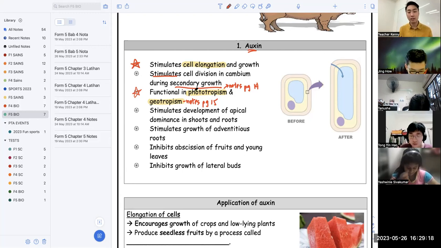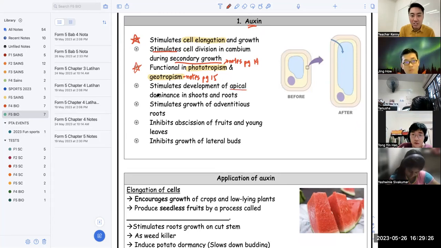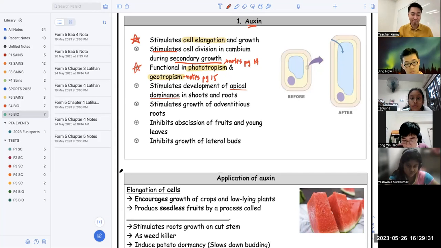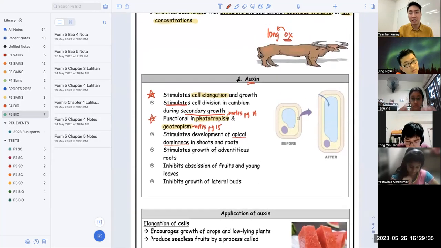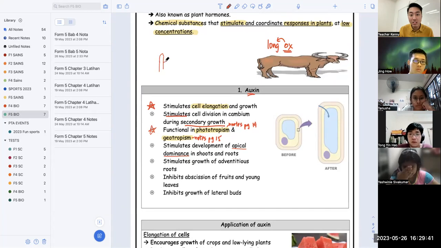Understand? Okay, next up. It stimulates the development of apical dominance. Whoa, apical dominance. The word dominance means dominate. Stronger or weaker? Stronger, right? Apical means what? Apex. Do you know where the plant apex is? Apex means at the tip of the plant. So if these are the leaves and all, this area is called the apex.